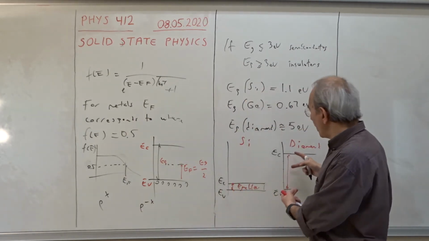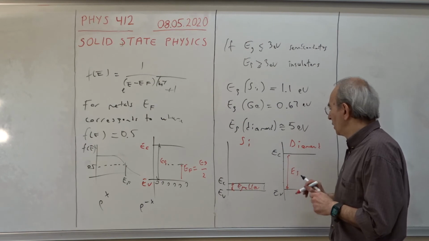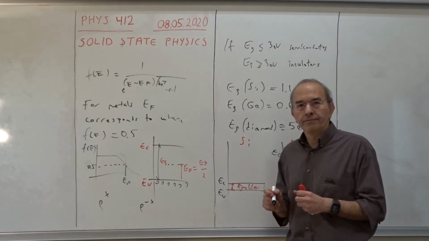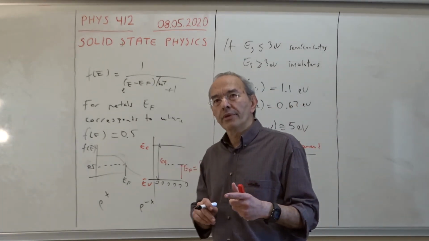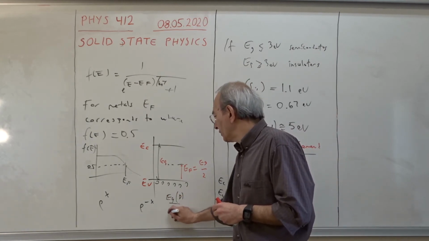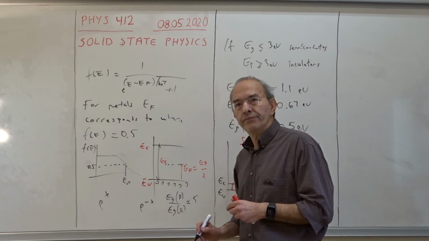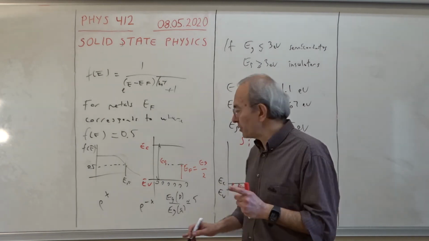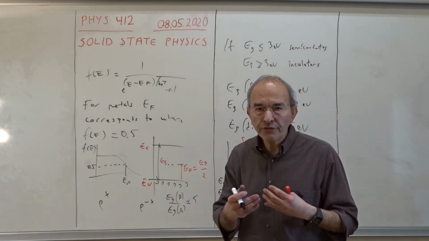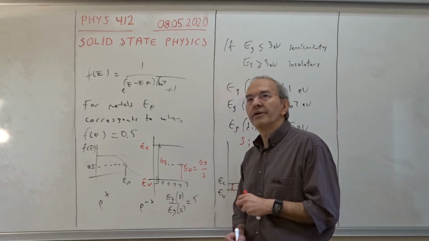So although this ratio of the gaps between silicon, a semiconductor, and diamond, an insulator, this Eg of diamond divided by Eg of silicon, is almost 5-fold, we cannot conclude from this information that the conductivity of diamond is 1/5 of, or let's say 1/100th of that of silicon.